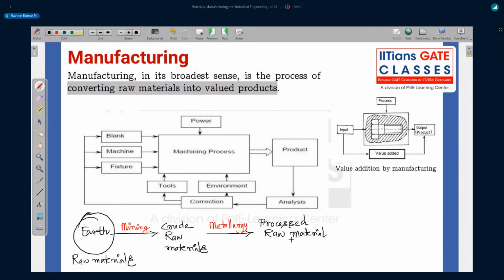Now from there, I can do some manufacturing process, or some kind of method, where we can convert this raw material into valued products. So this is your manufacturing. There are stages in manufacturing, but let's not worry about that now. And now you get a valued product, or you can say a final product.